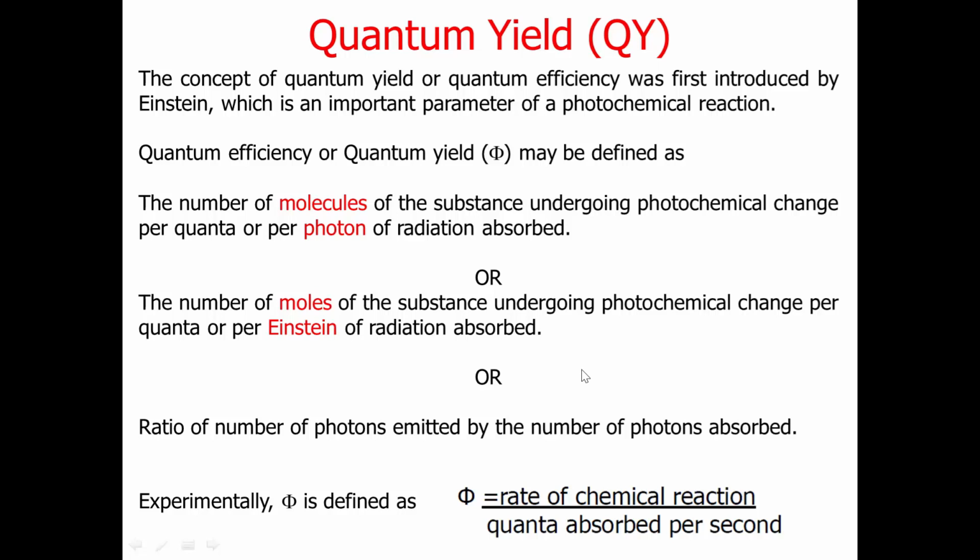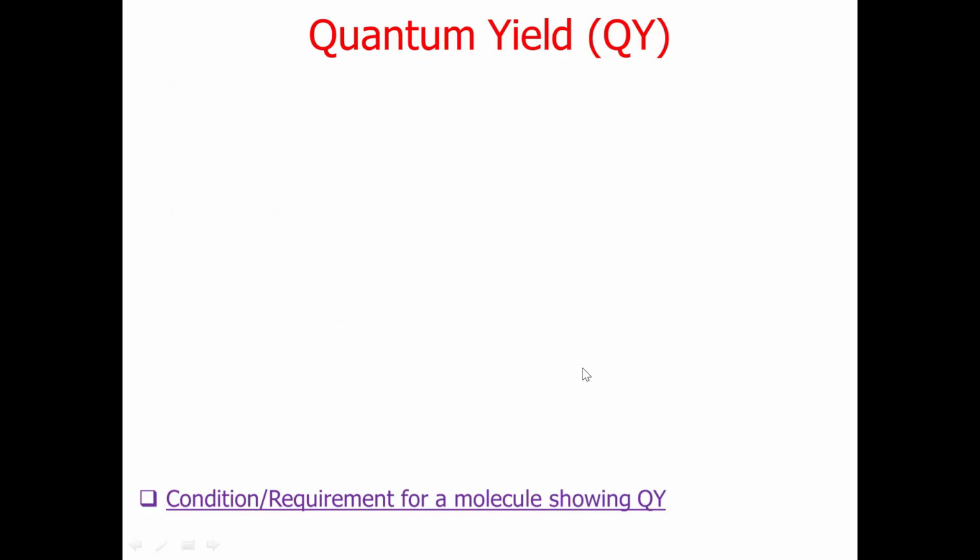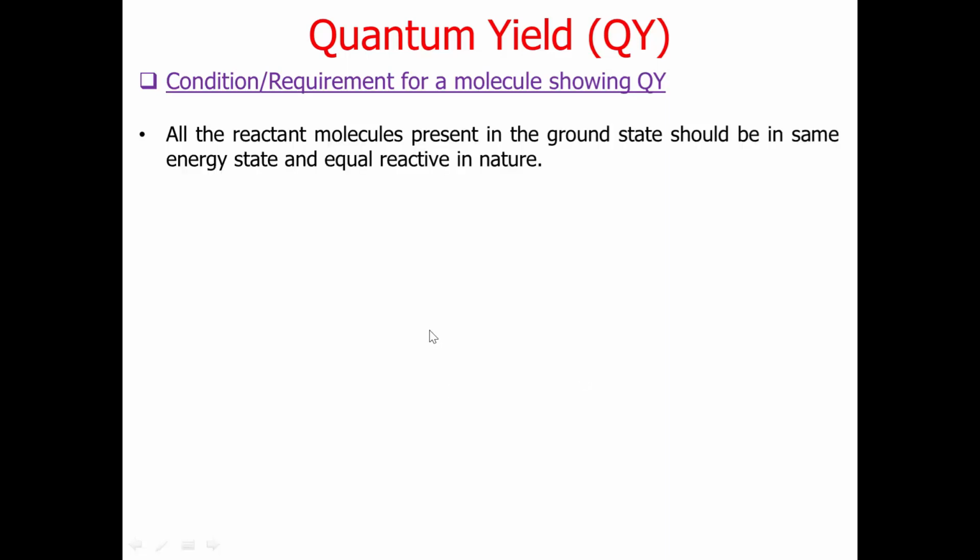Now what is the requirement for a molecule which exhibits a quantum yield value? All the reactant molecules present in the ground state should be in the same energy state and be equally reactive in nature.